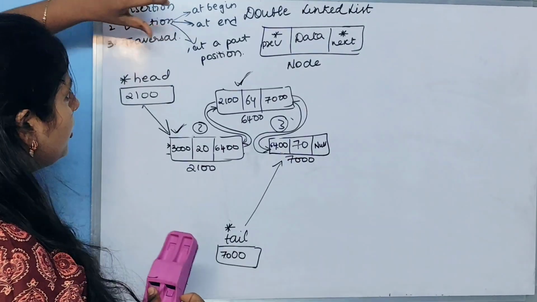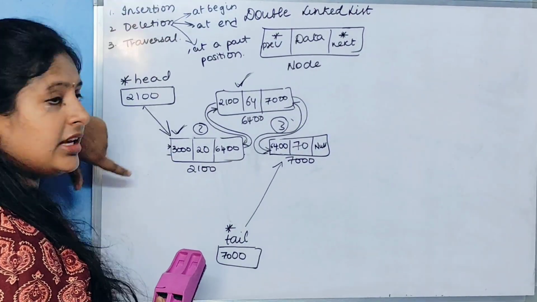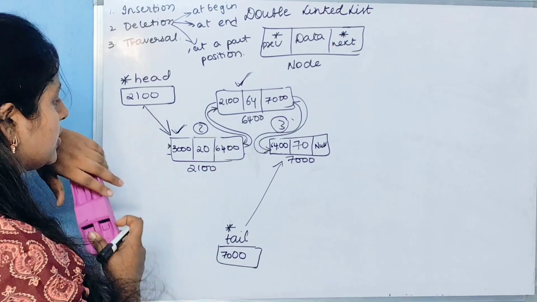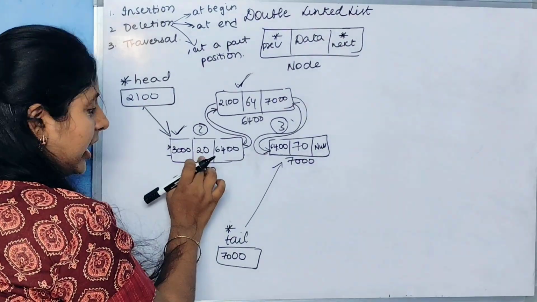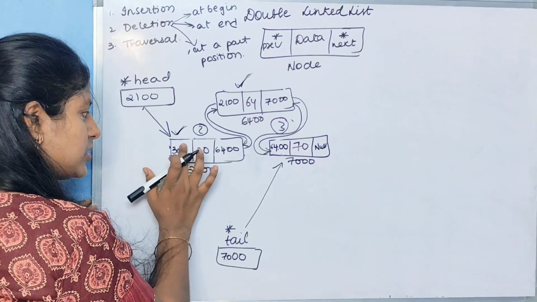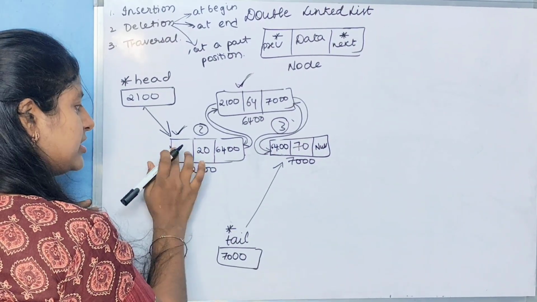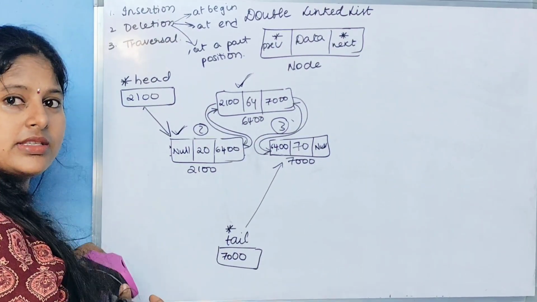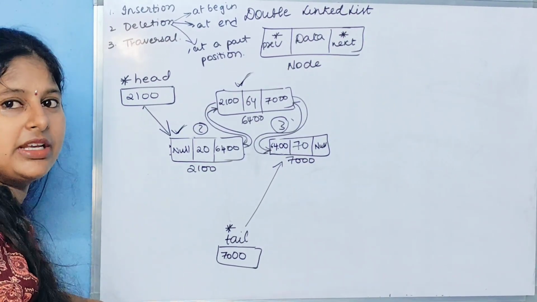So when you try to delete at beginning, the head points to the deleted node's next node. Okay. Now is there any element before 20? No, there are no elements. So this 3000, the deleted element's address, is replaced with null, right? This is how you delete elements at the beginning.